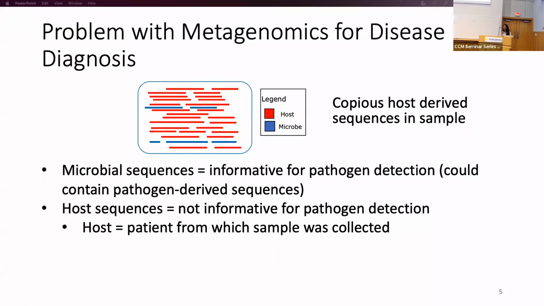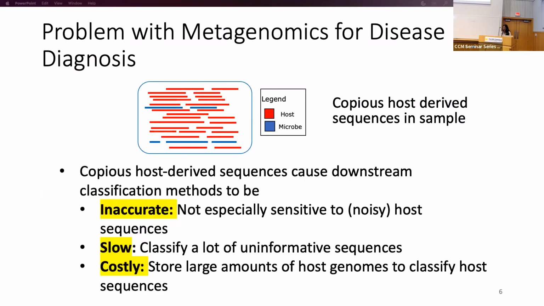In this case, host is the patient from which the sample was collected. Copious host-derived sequences can cause downstream classification methods to be inaccurate because these methods aren't especially sensitive to host sequences, especially when these sequences are noisy. It causes them to be slow because they have to classify a lot of uninformative sequences in the hope of getting to a pathogen-derived sequence, as well as costly because a lot of host genomes can be large, so you have to store all of these to perform that classification.